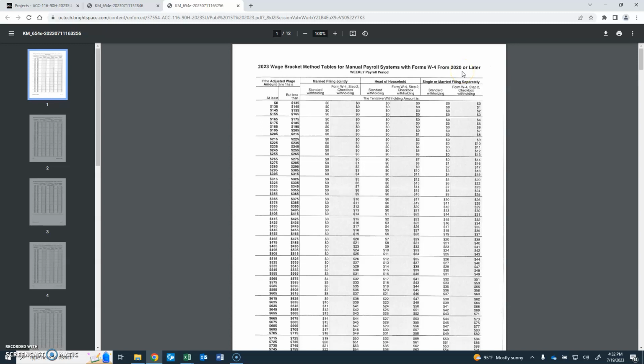In other words, Joshua and Don had to be hired in 2020 or more recently, or they had to make a change in their W-4, in which case they will be on this new system.